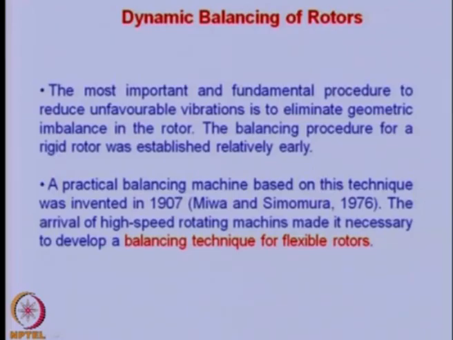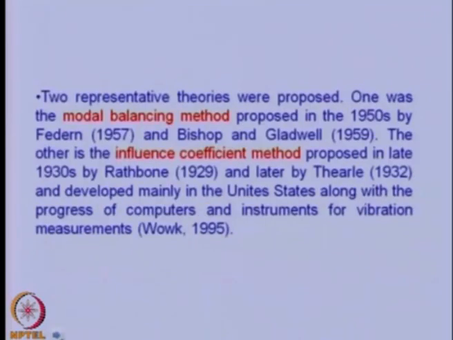The arrival of high speed rotating machinery made it necessary to develop a balancing technique for flexible rotors. Two representative theories were proposed. One was the modal balancing method proposed in 1950 by Federer, Bishop and Gladwell.